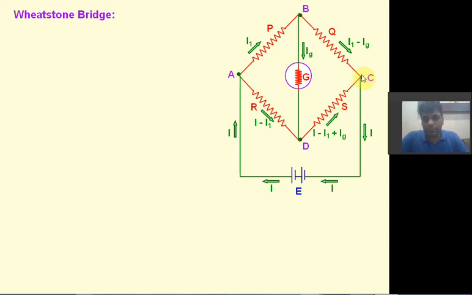So at point C we have I1 minus Ig plus I minus I1 plus Ig. I1 and Ig cancel out, and current I flows along this side, and we again get current I at the negative terminal of the battery. So we started with current I and ended with current I in this circuit.